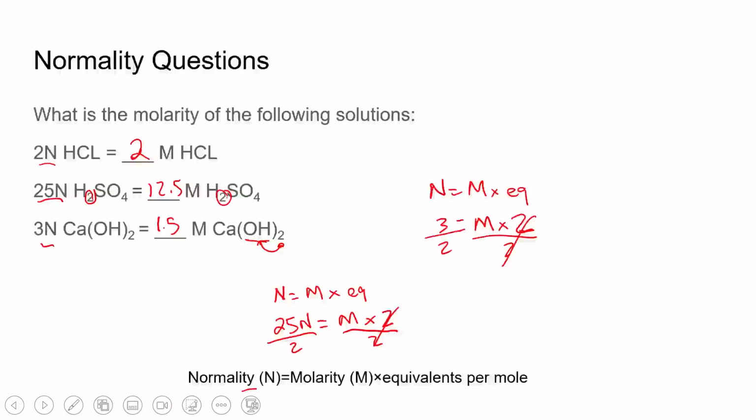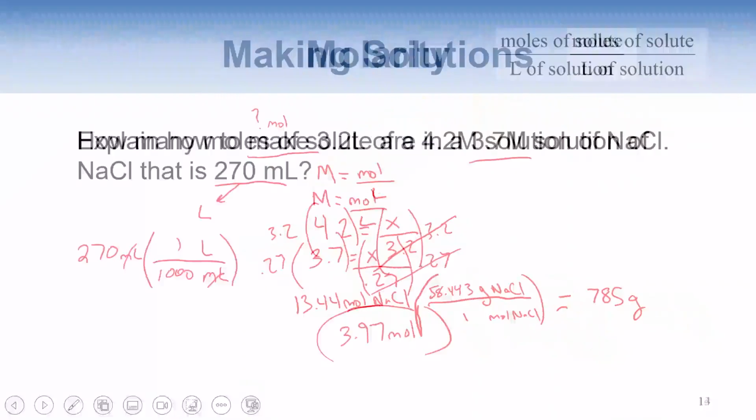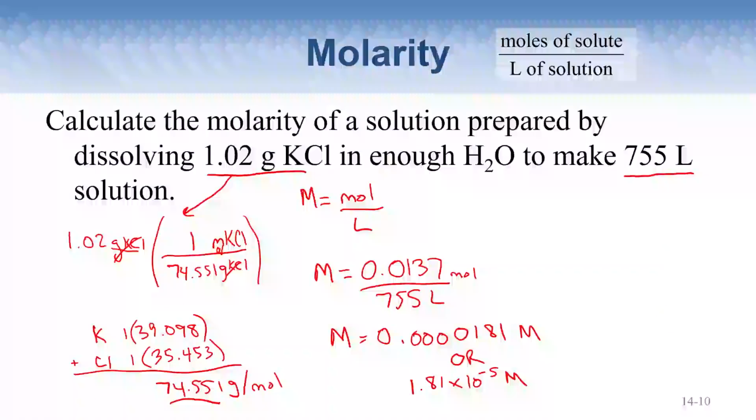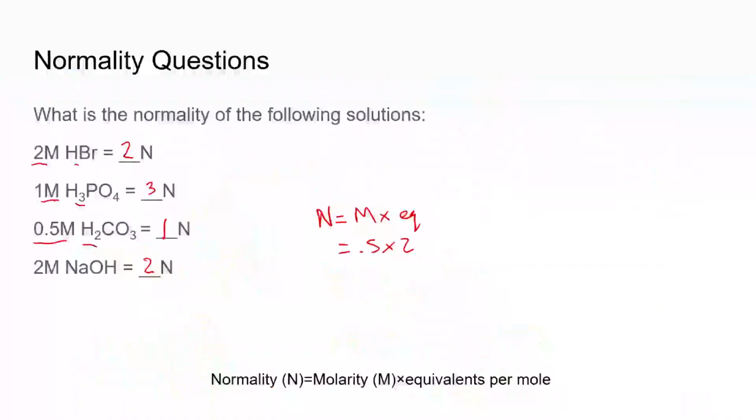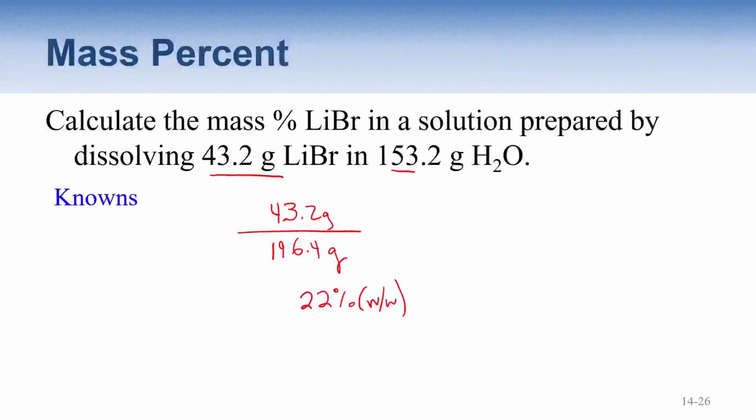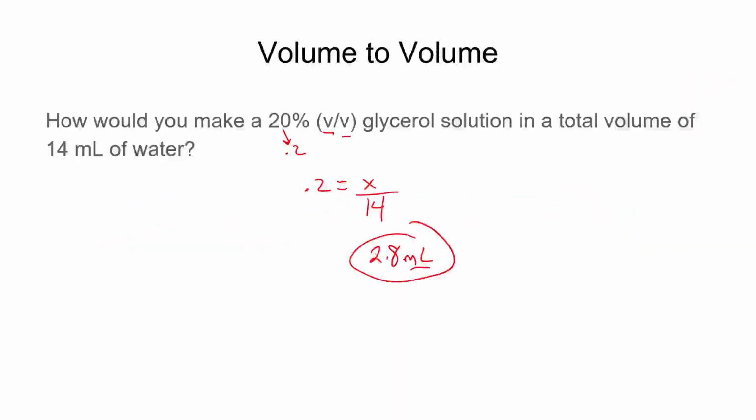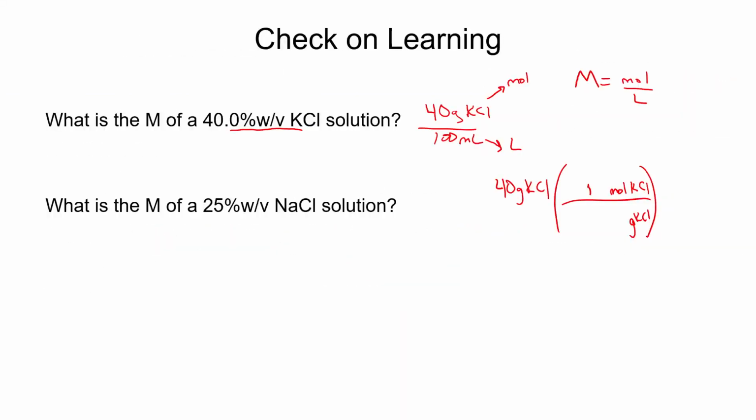Previously, we had 74.551 grams. So we're going to multiply across the top, divide away the bottom.